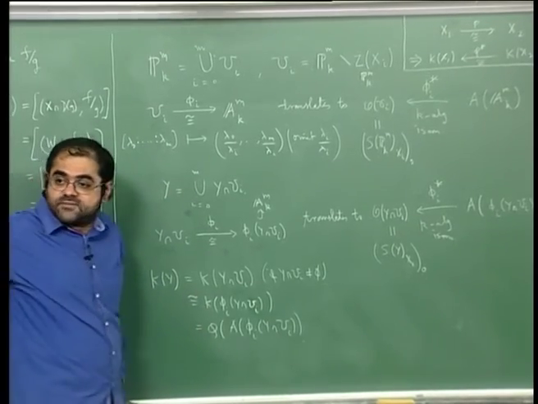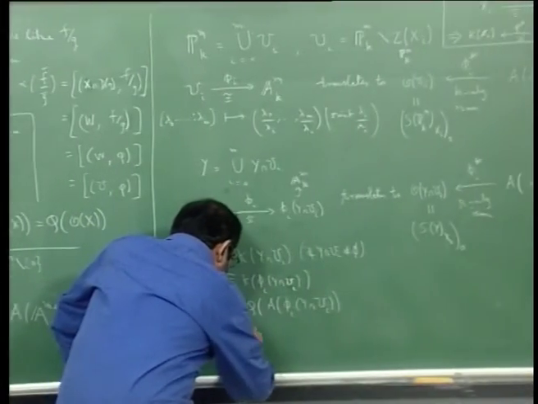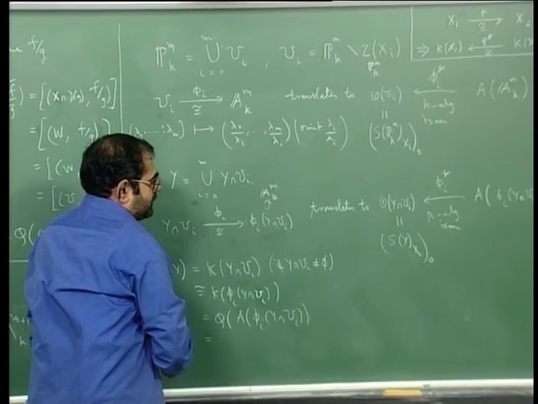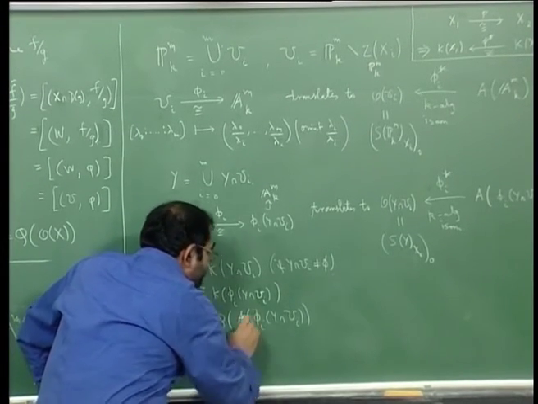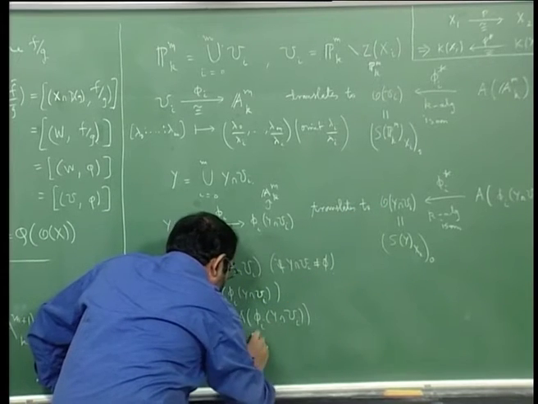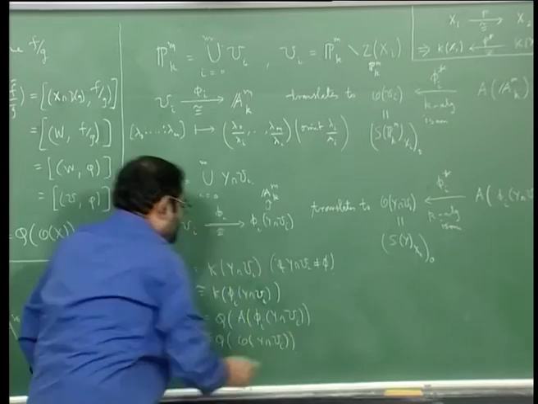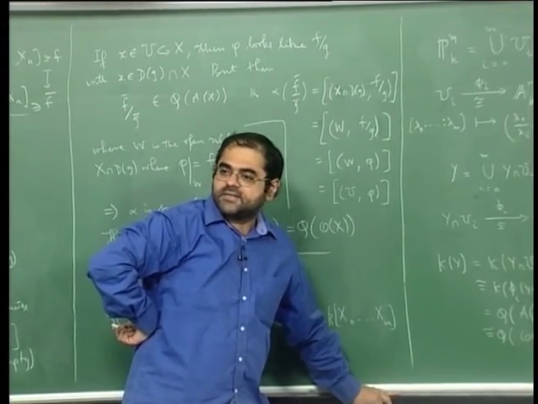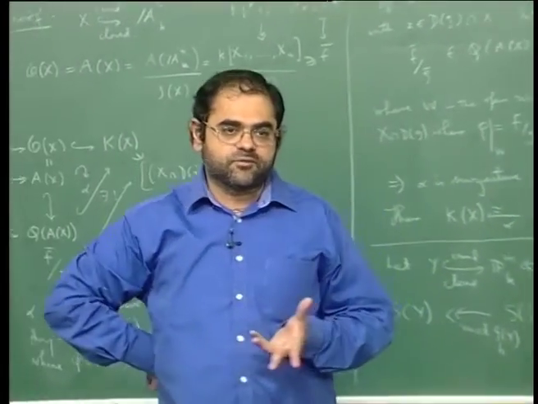That's what we have seen in the first part, and this is isomorphic to the quotient field of O of y intersection ui, because again if two integral domains are isomorphic, then their quotient fields are isomorphic.